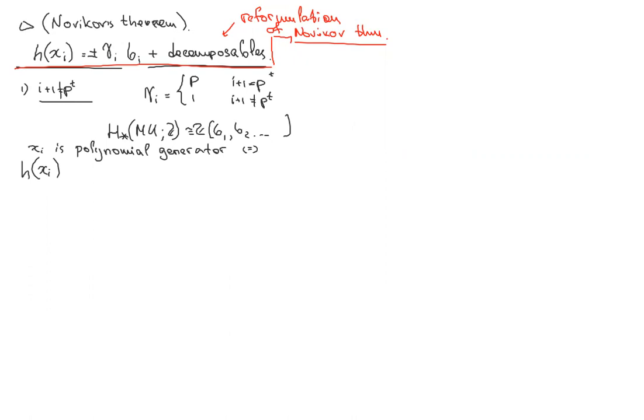So maybe we will just prove one direction. If and only if the Hurewicz image of this element is a polynomial generator of the subalgebra of primitive elements of MU.